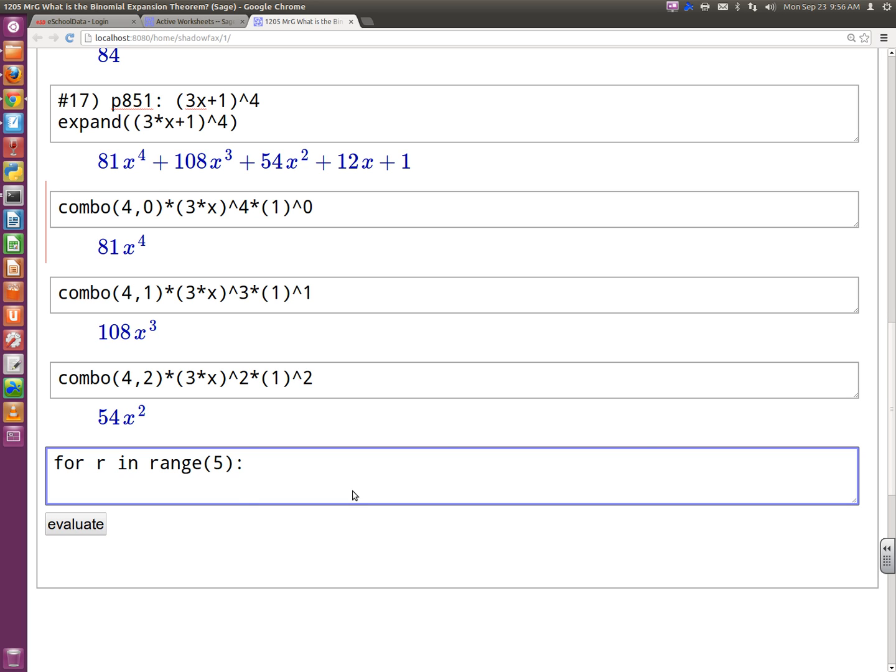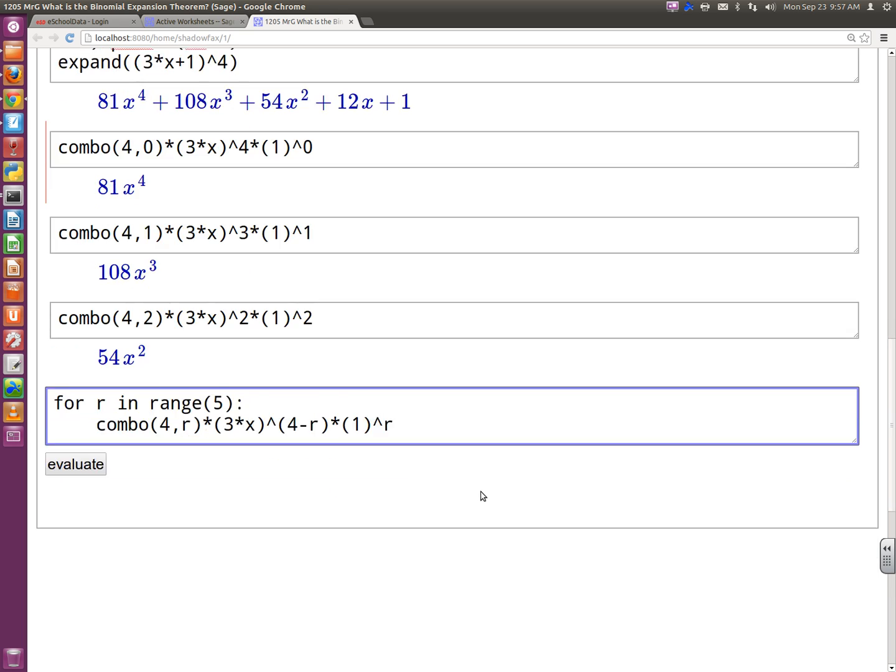Okay, and we're gonna print out, let's see, combo of 4CR, r is changing, times 3 times x to the... Now you said n minus r, but n in this case is a constant 4 times, and what is it now? 1 to the, well, let's make it obvious, 1 to the r. Is that the pattern?